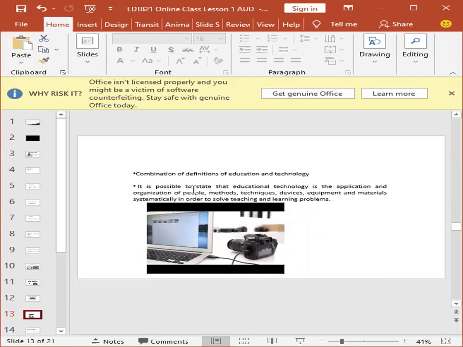So it is possible to state that educational technology is the application and organization of people, you and I, methods, ideas, techniques, findings, devices, equipment, and materials systematically in order to solve teaching and learning problems.